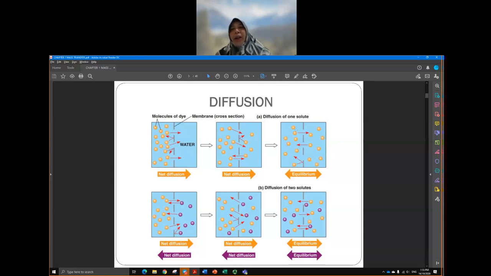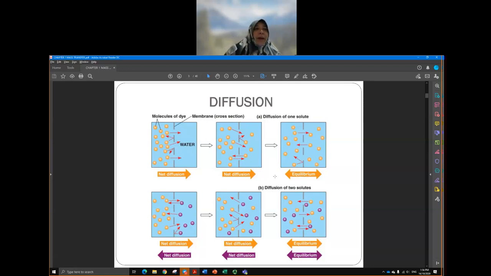What does equilibrium mean? Equilibrium represents the concentration of particle A on the left side of the container being equal to the concentration on the right side of the container. But the transfer still occurs. This is called the equilibrium situation.